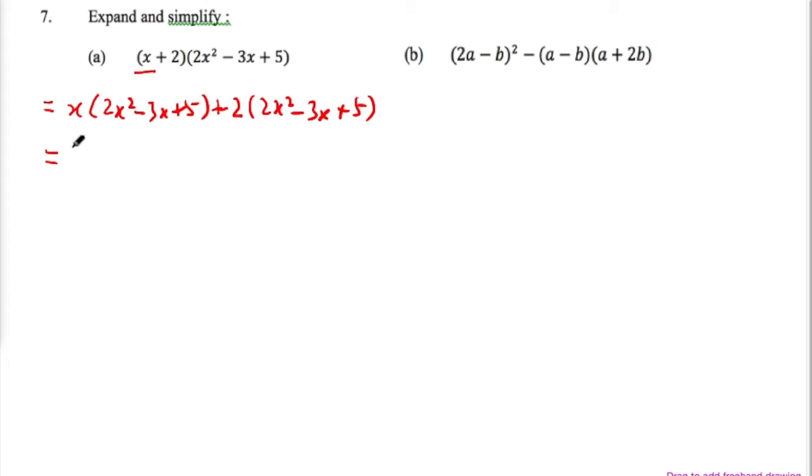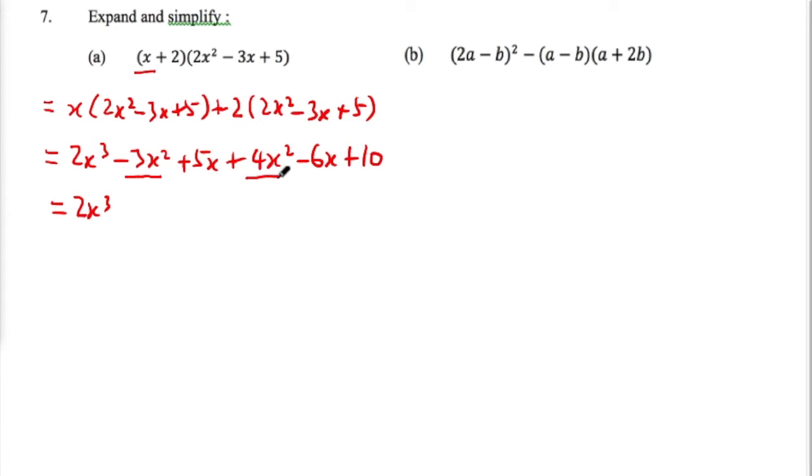Using the distributive law, we expand it. Then we need to simplify it by collecting the like terms. We have 2x cubed, and here we have minus 3x squared plus 4x squared will give us plus x squared. 5x minus 6x will give us a minus x plus 10.